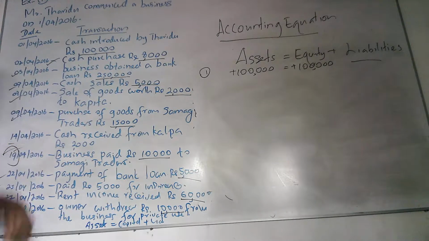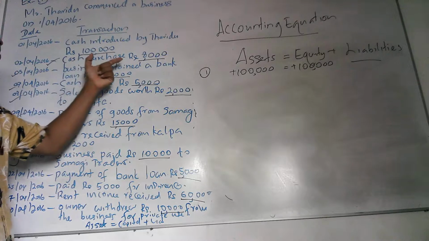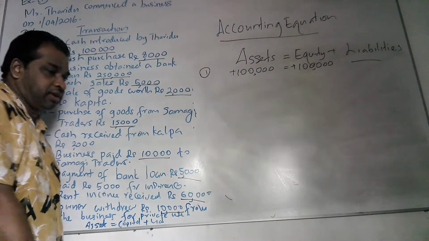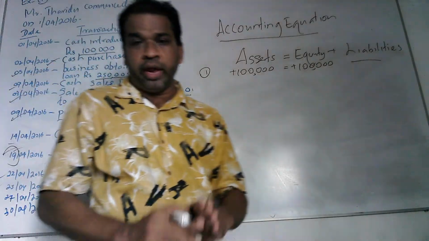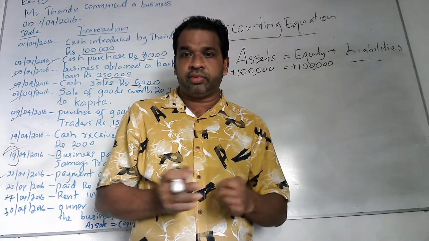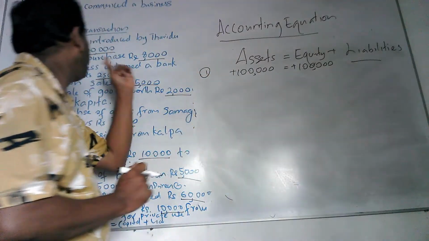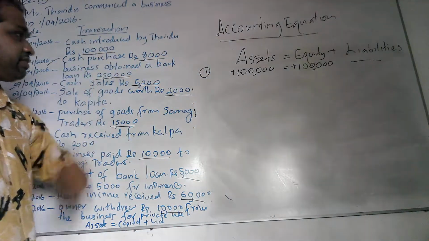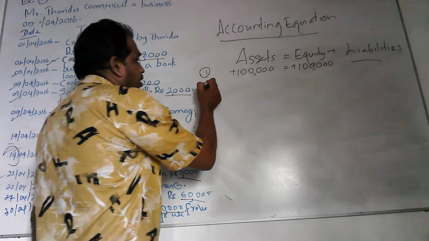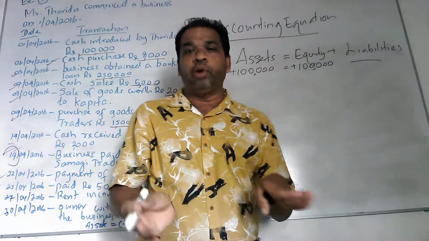occurred on 2nd April 2016. Cash purchase 8,000. You know, in a business we can have two types of purchases: cash purchases and credit purchases. Here, as they have mentioned cash purchases, cash goes out.